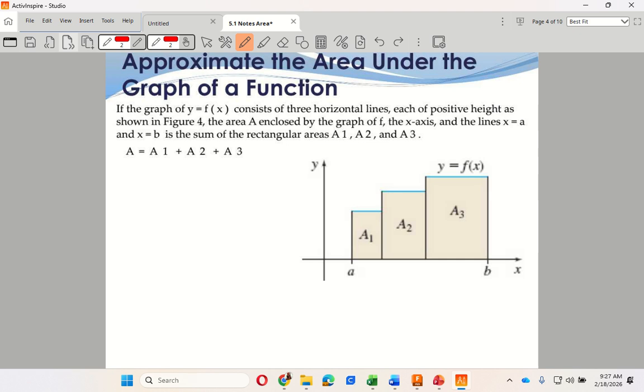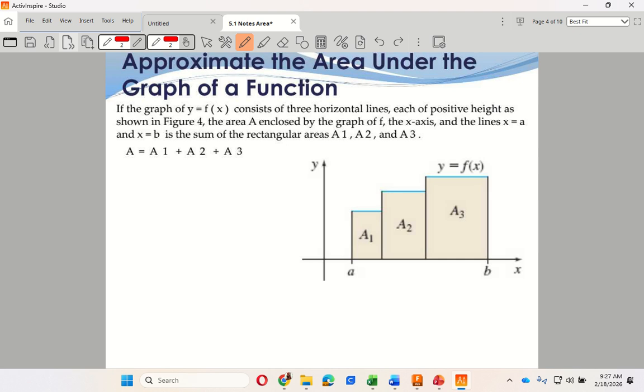Now, for this one right here, if y equals f of x is constant on 3 horizontal lines, each of a positive height as shown in figure 4, the area A enclosed by the graph of f, the x-axis, and lines x equals a and x equals b is the sum of the rectangular parts A1, A2, A3. The total area would be adding all of them together, right?